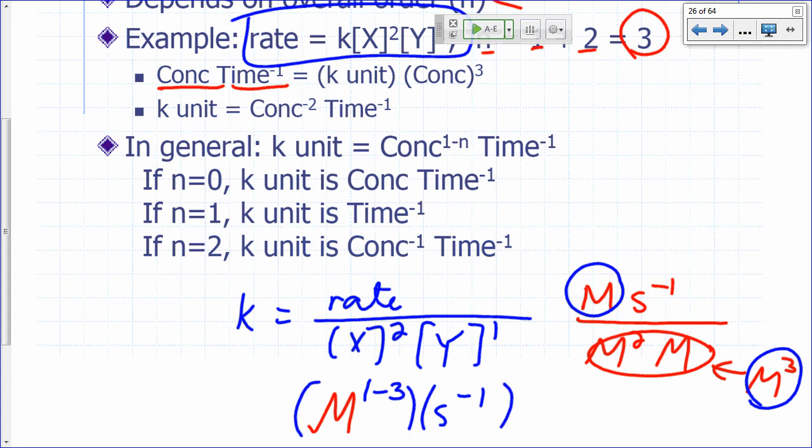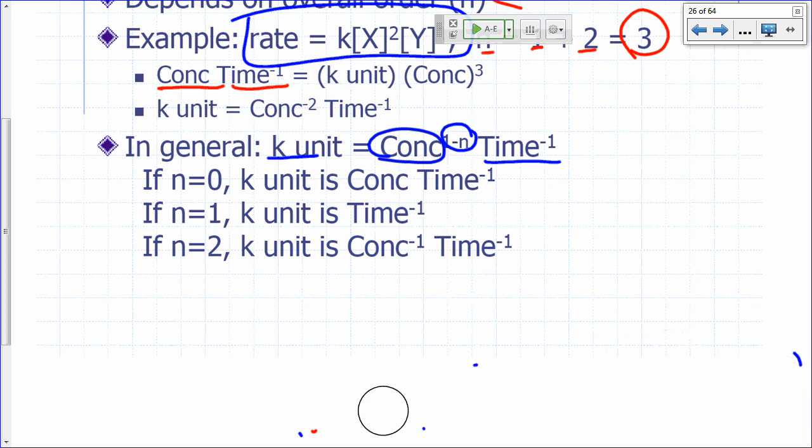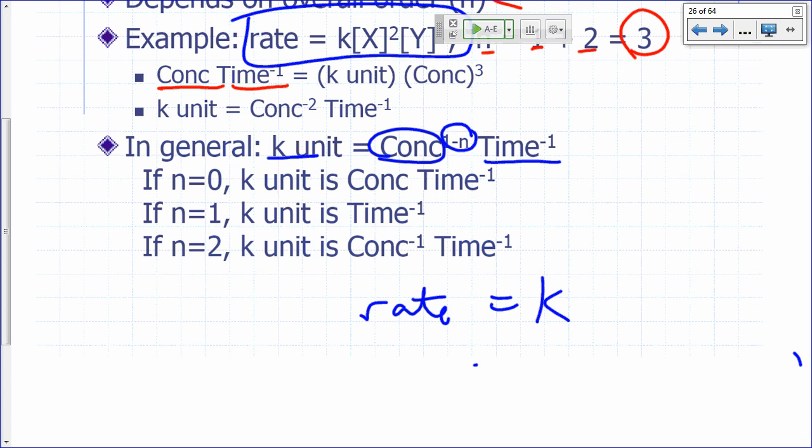So in general, the unit for your rate constant is a concentration unit raised to the power 1 minus n, where n is the overall order, times the reciprocal of a time unit. So what happens if n is 0? If n is 0, then you say rate equals k.